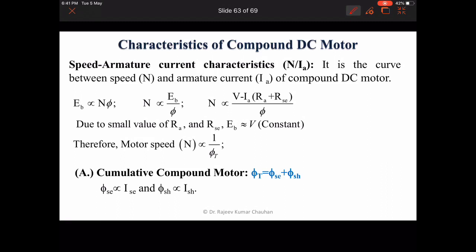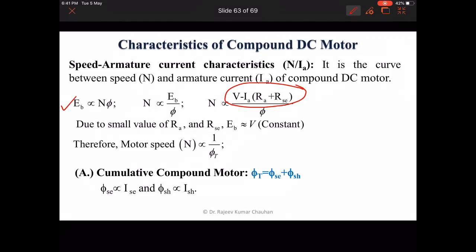Now, let us discuss the speed armature current characteristics of compound DC motor. It is the curve between speed N and armature current of a compound DC motor. We know that EB is proportional to N phi for a DC motor, or N is proportional to EB upon phi. We know from the voltage equation that EB is equal to V minus IA (RA plus RSE for compound motor).